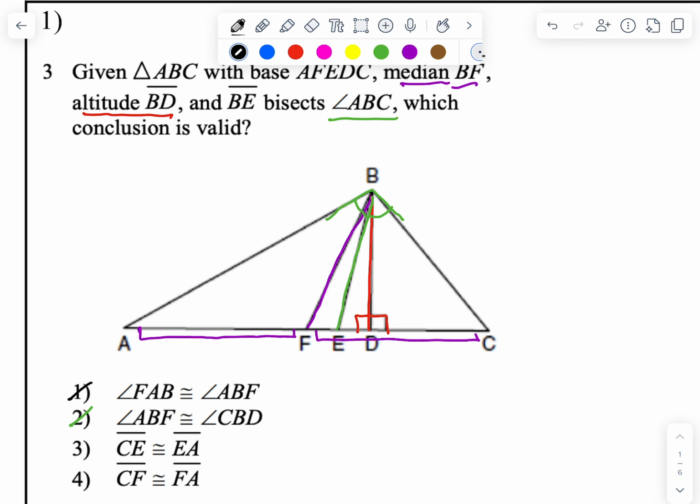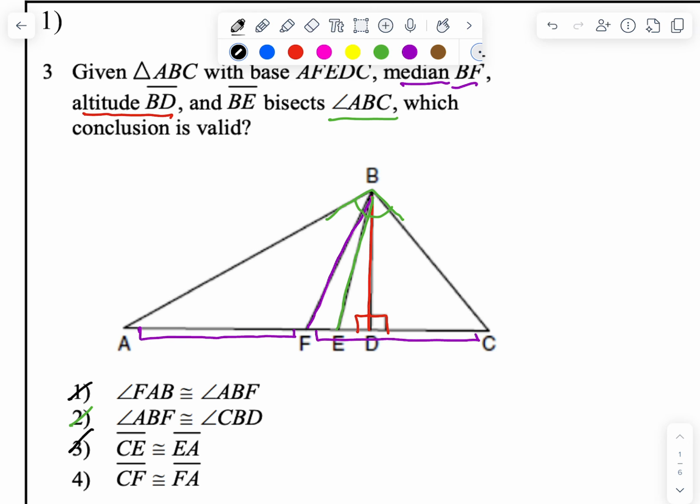If I take a look at answer choice number 3, CE congruent to EA, we don't have any reason to believe that, because the midpoint of AC is F, since the median is BF. So AF would be congruent to FC.